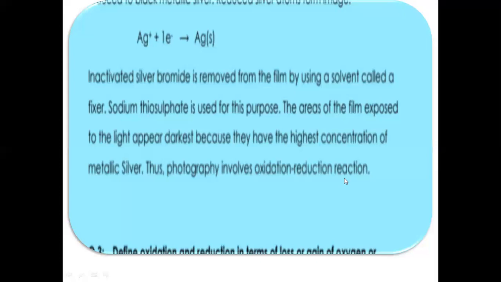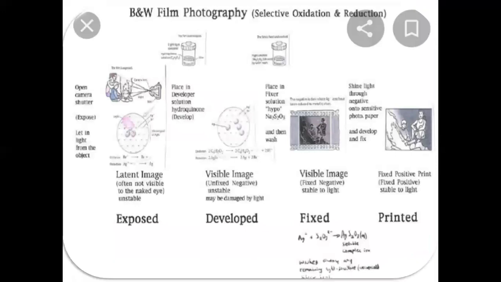We can make the picture of those persons by first exposing the persons to light, and after that the film is passed through the developer. Hydroquinone is used as the developer solution, and it will give an image.